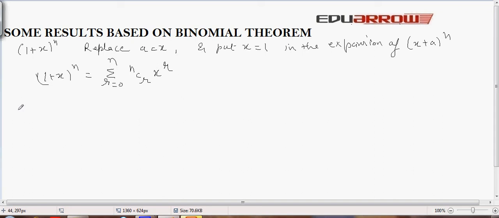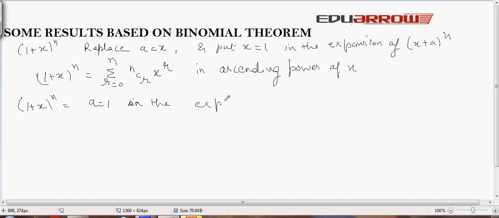Now the next result, or one more point to be noted in the previous result, is that this is the expansion of (1 + x)^n in ascending powers of x. If we have to find the expansion in descending powers of x, we put a = 1 in the expansion of (x + a)^n.